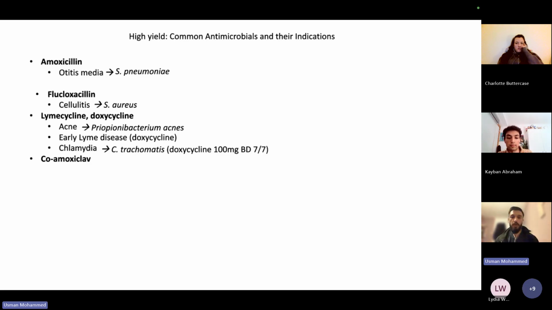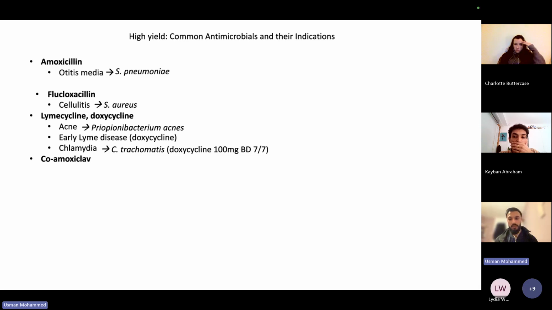How about, think about an elderly patient who's come in, has abdo pain and has diarrhea and some blood as well. A lot of elderly patients have diverticular disease, acute diverticulitis.